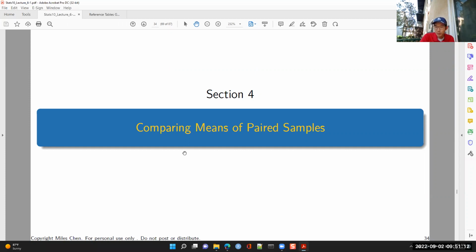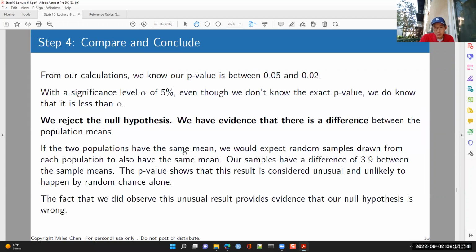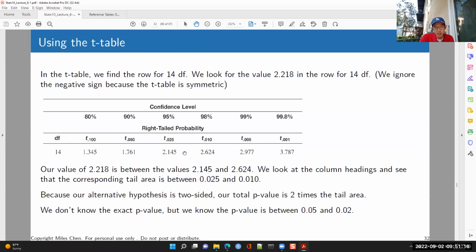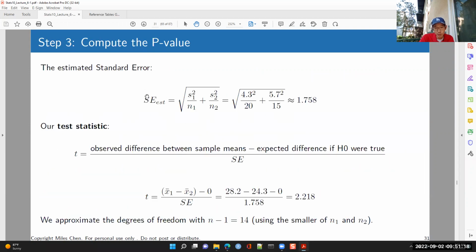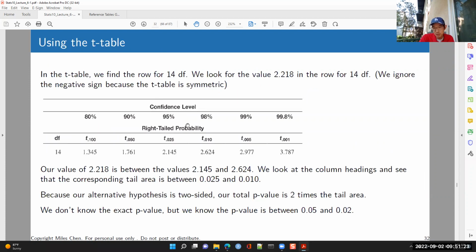And a lot of the principles are exactly the same. A lot of the conclusions and ideas are exactly the same. The only key difference is your formula for the standard error is different, and the way you use the t-table is different. But the logic and the conclusions and how you use your significance level, that's all the same.